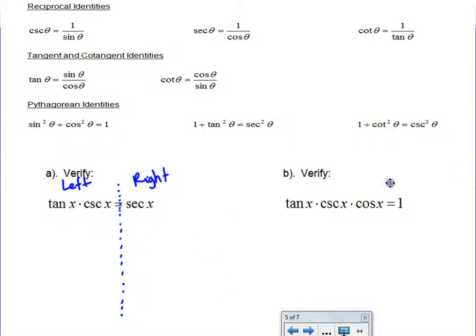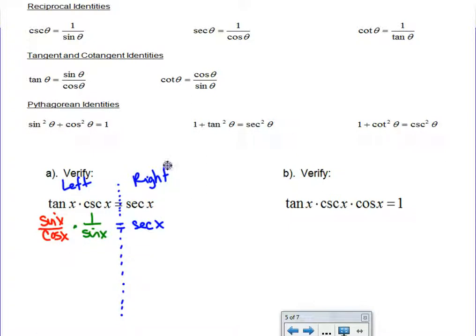Can you trade tangent for somebody? Sine over cosine sounds like a plan. Okay, can you trade cosecant for me? 1 over sine. And I know some of you are looking ahead and you're like, I'm done. No, you are not. The right-hand side needs to say this, equals secant x.